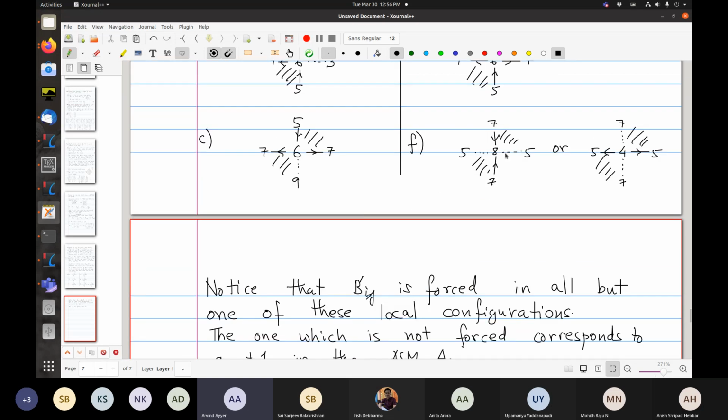So every time you have a 1 in the ASM A, you are going to get 2 possibilities.